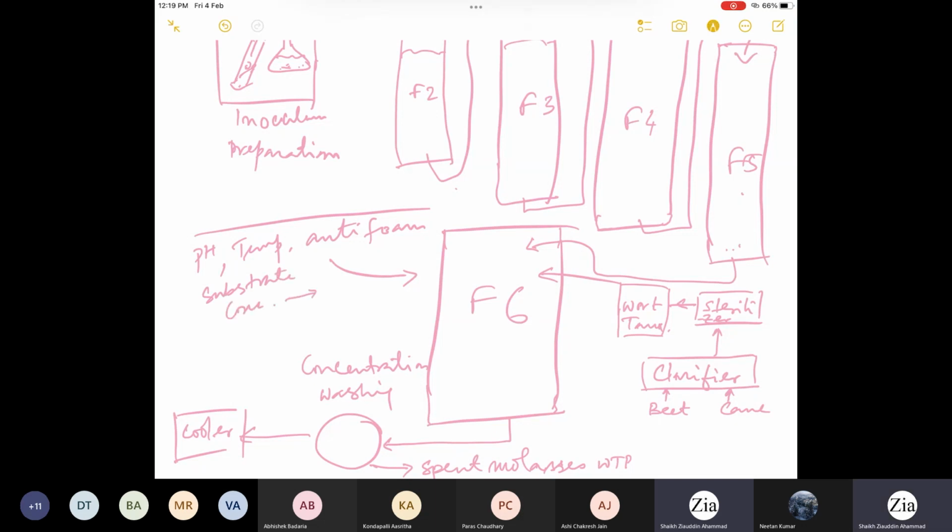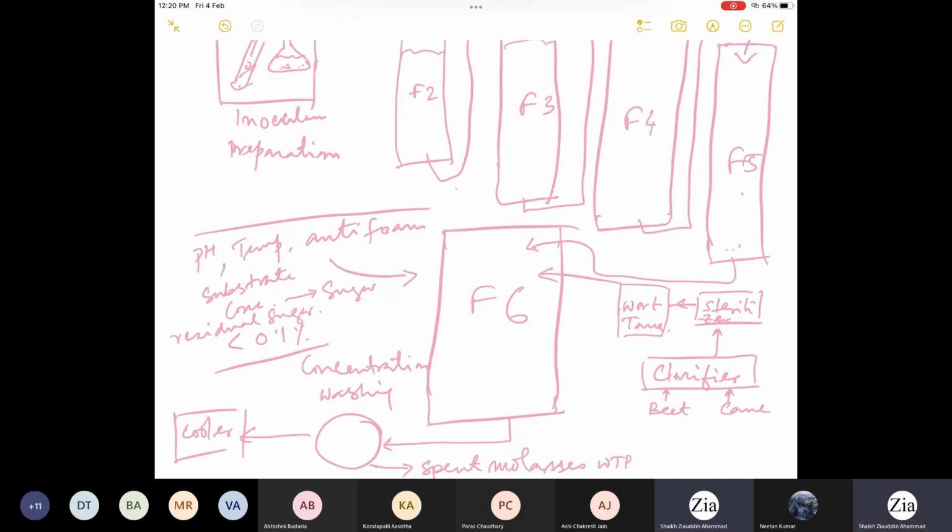Substrate concentration, mostly sugar concentration, you try to monitor and make sure you have a very small amount of residual sugar. The target residual sugar for all fermenters should be less than 0.1%. So you maintain the concentration in such a way that the residual sugar in the reactor would be less than 0.1%.